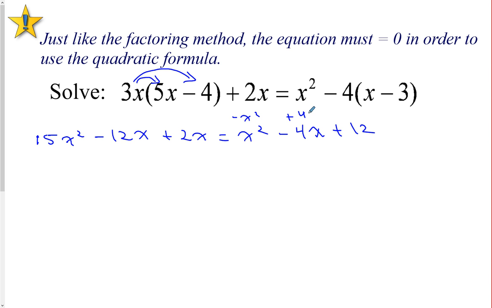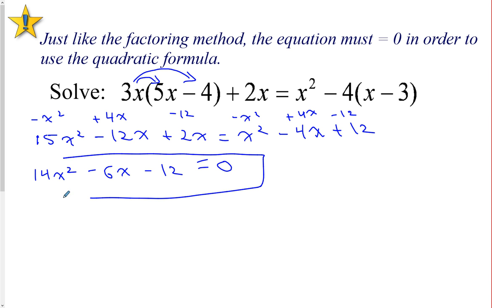We'll add 4x from this side, and we'll subtract 12. And we'll do the same thing to this side. So we're going to end up with 14x squared minus 6x minus 12 equals 0.